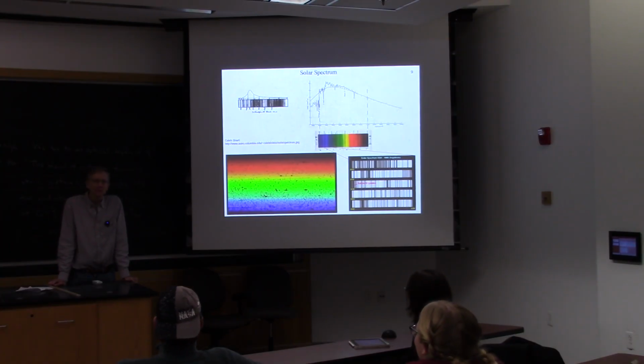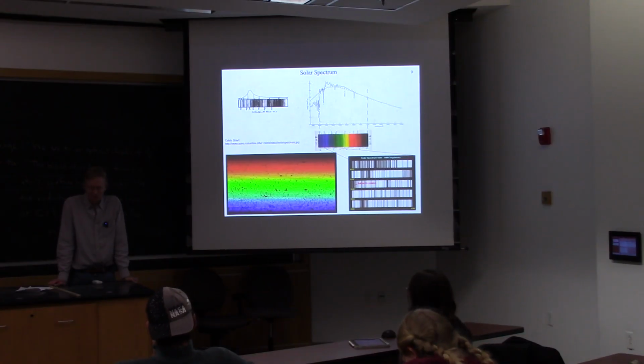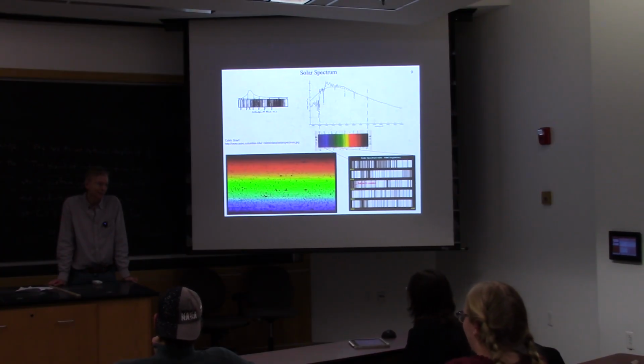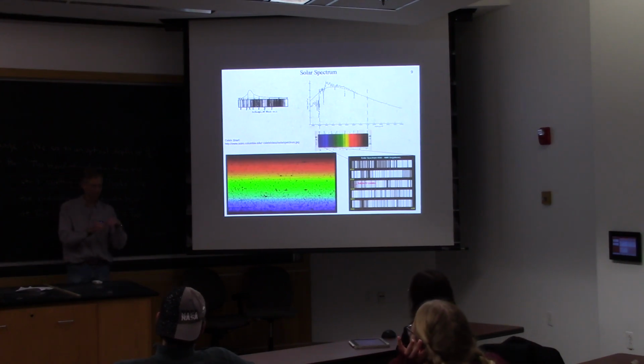And if you jump from n equals 2 to n equals 5, or n equals 2 to n equals 6, then you're absorbing a photon that could arguably be called violet, maybe. Not indigo. Those are the Balmer series spectral lines.